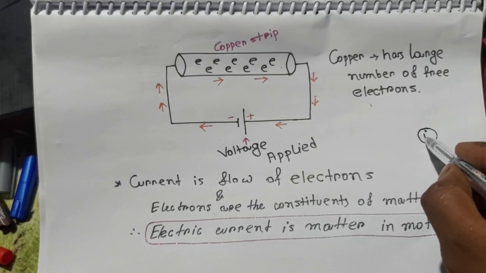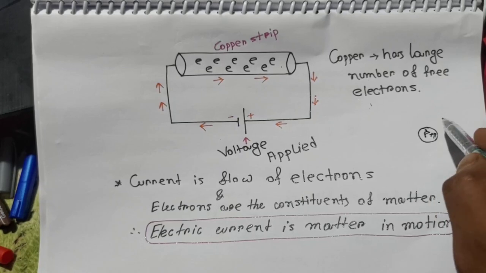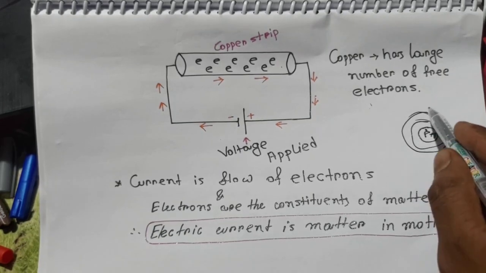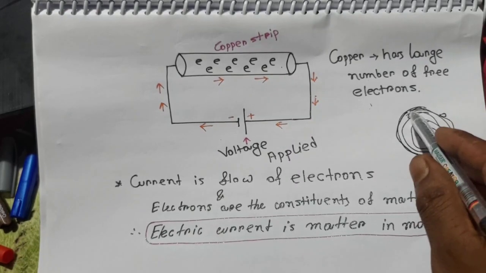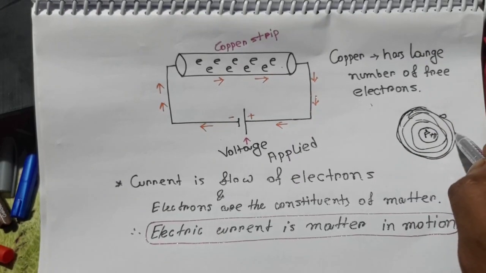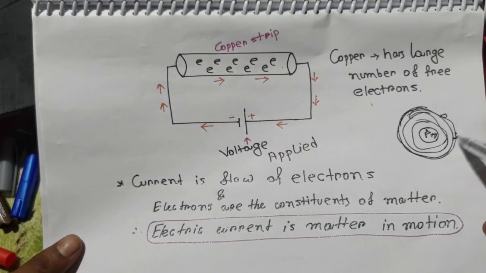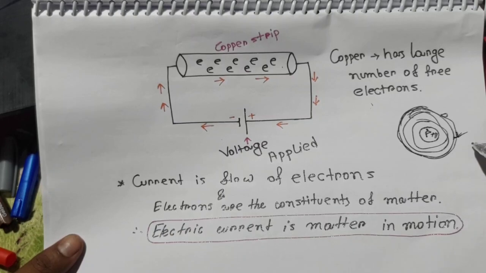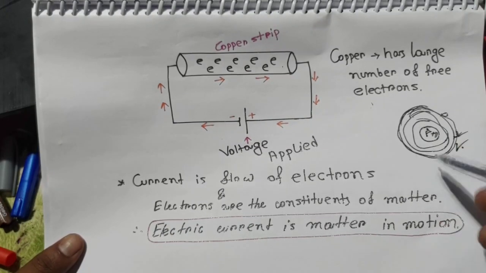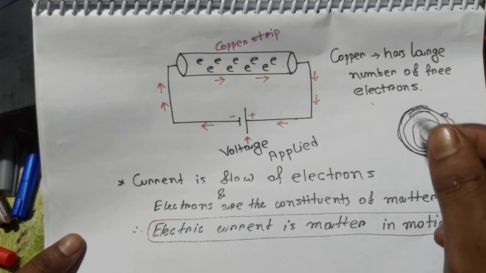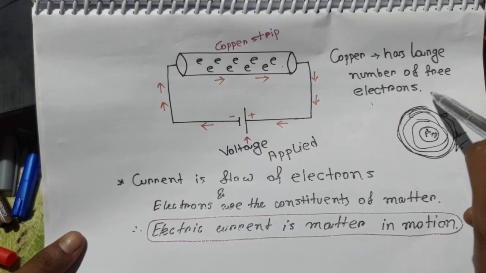Inside the atom there are protons and neutrons, and outside there are electrons. The outermost orbit electrons are called valence electrons. Out of those valence electrons, some are so loosely bound that they can be easily removed from the atom. Those electrons are called free electrons. So copper has a large number of free electrons.